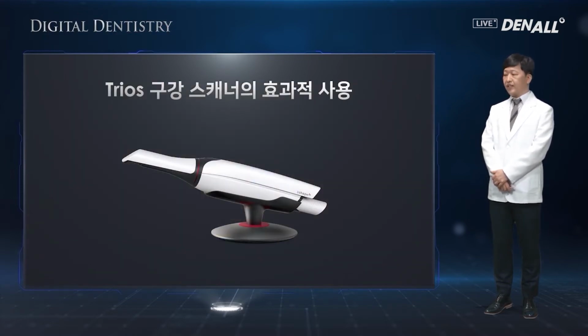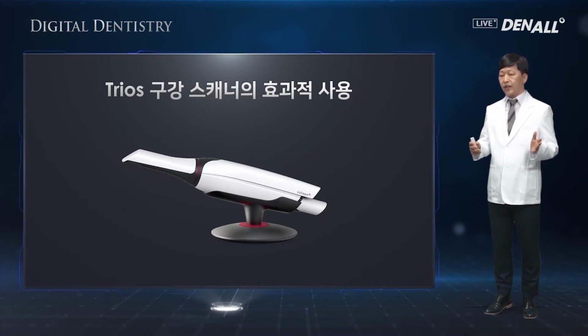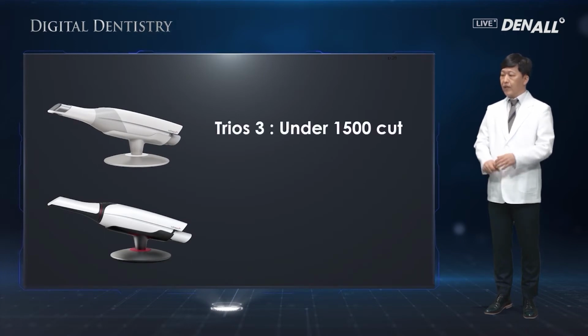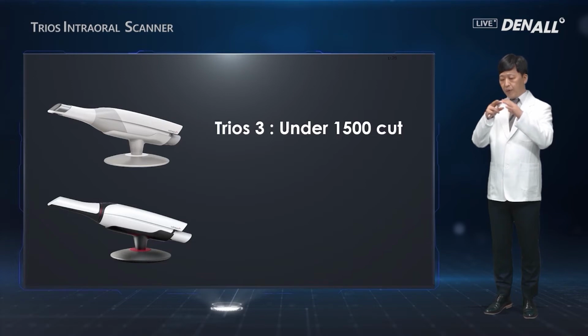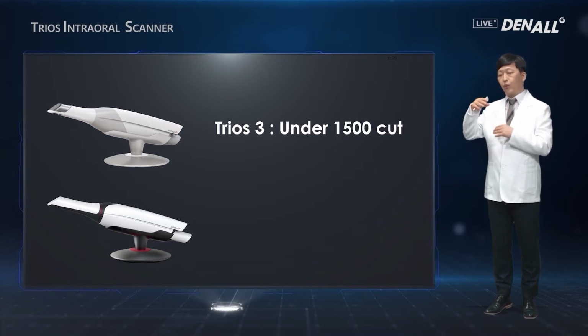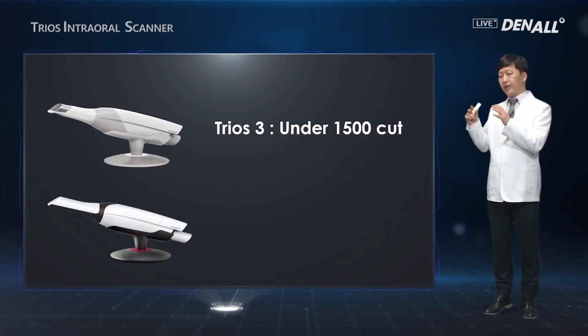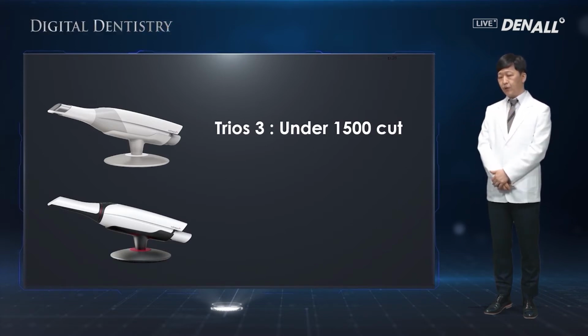Let's talk about how to effectively use the intraoral scanner. With the Trios 3 scanner, the number of cuts increases on the screen continuously. The problem is it takes a long time, and if it is over 1500 cuts, a warning is displayed.